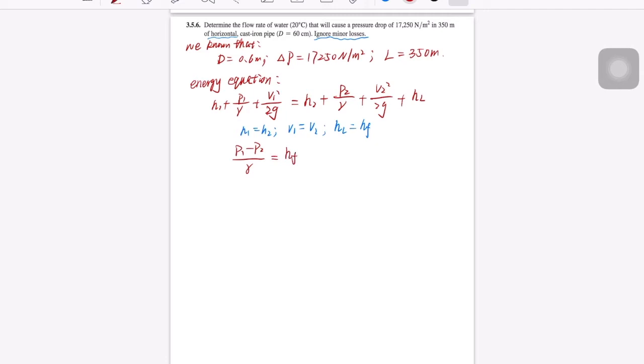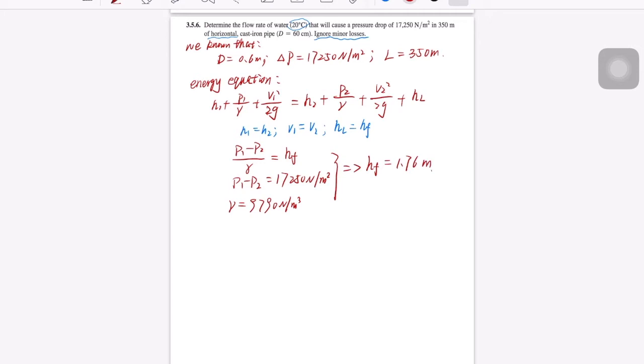Because we know P1 minus P2 equals 17,250 Newton per square meter, and at the 20 degrees Celsius, the specific weight of water equals 9,790 Newton per cubic meter. So we can calculate that HF equals 1.76 meter.